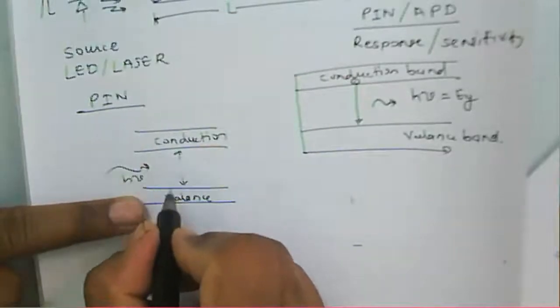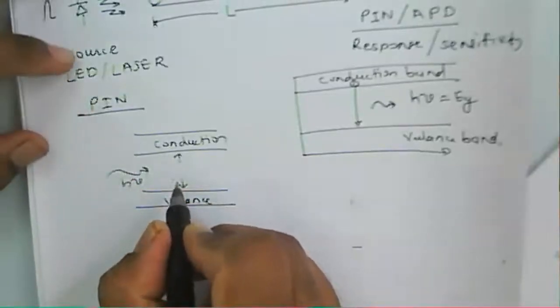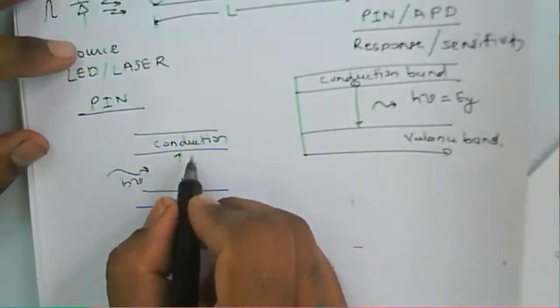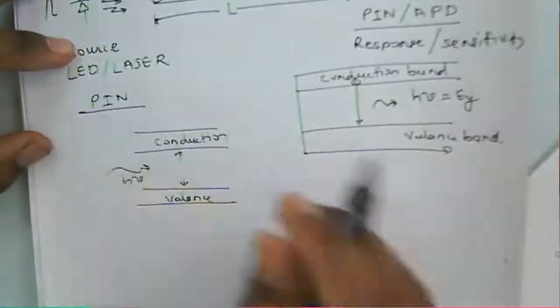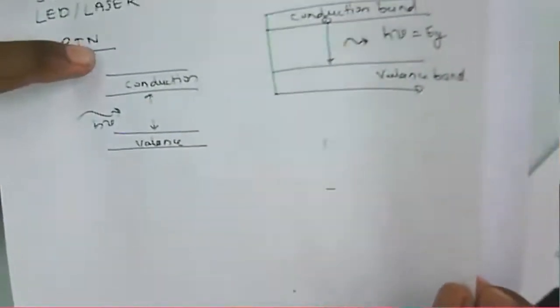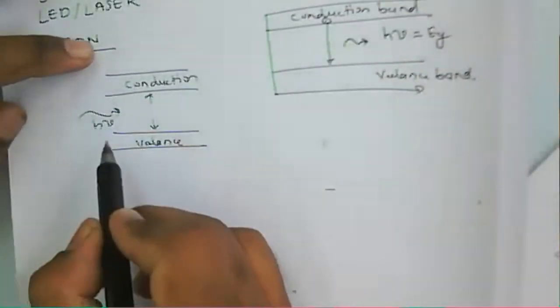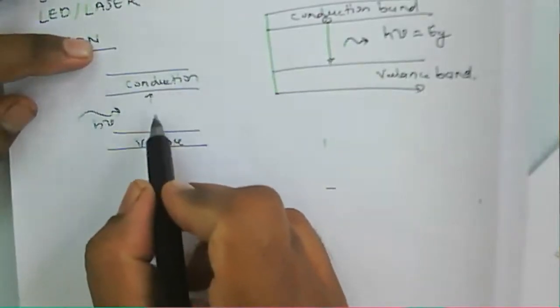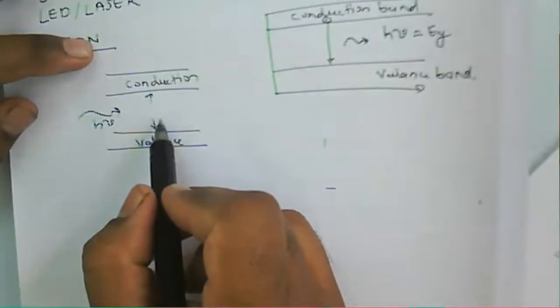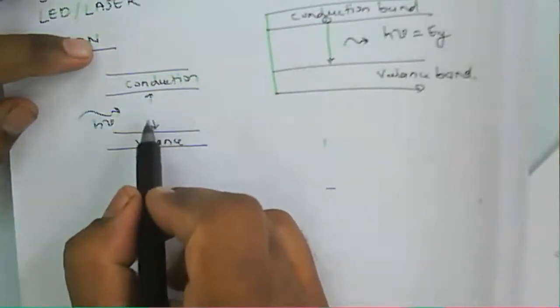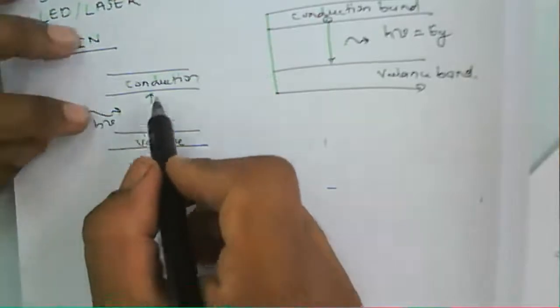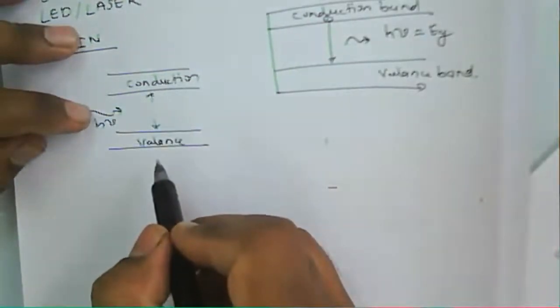Now, how this electron and hole pair generation takes place inside the detector, that we will learn. We will learn first a pin diode, because we say that the incident photon will generate the electron and hole pair. But whichever light falls on the detector, not all the photons will generate an electron and hole pair.